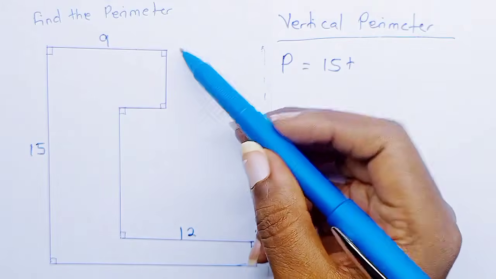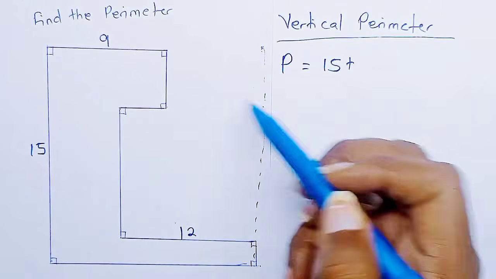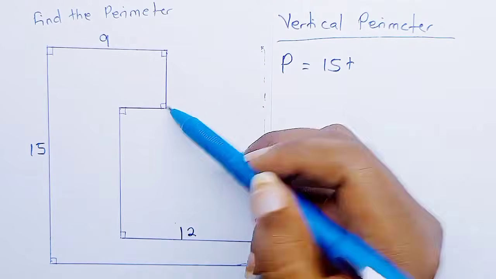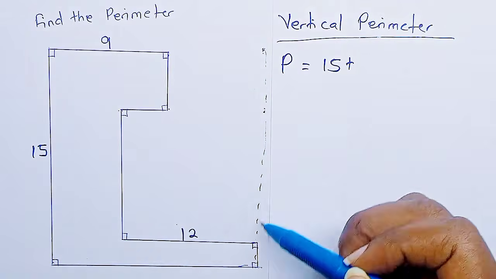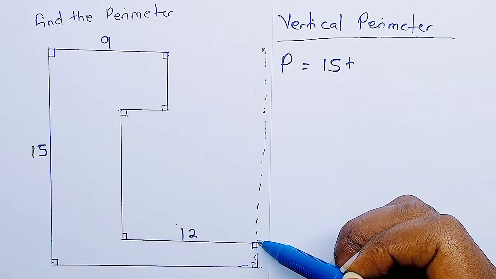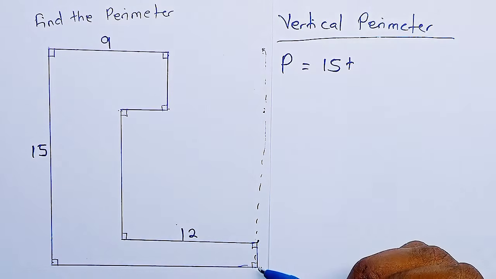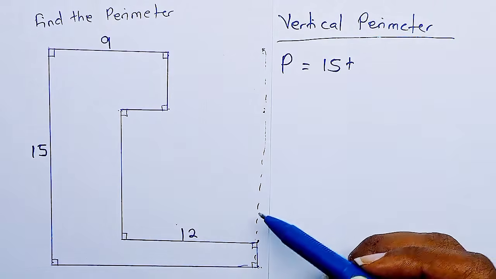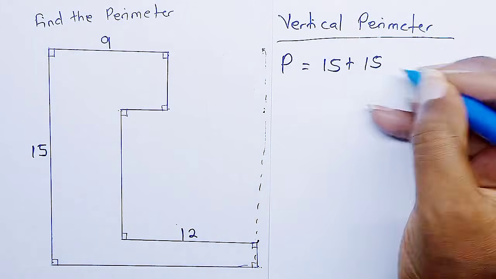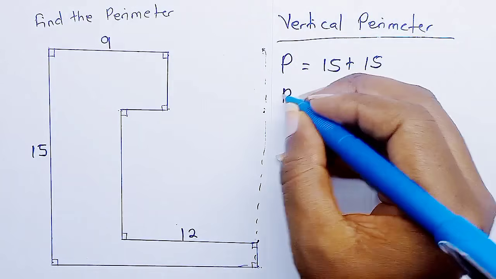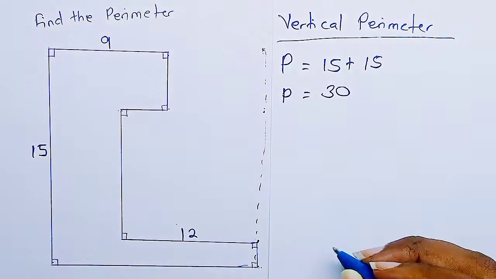That implies that from here to here is some length, then from here to here is some value, then from here to here is some value. But all in total have to be equal to this other side. So this will be plus 15. So the vertical perimeter will be equal to 30.